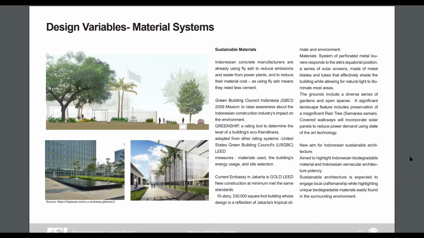So again, to reiterate, for example, having perforated metals as solar screens, but also understanding the new drive from the Indonesian government for more sustainable systems, including biodegradable material, vernacular architecture building methods, engaging in more local craftsmanship, and really taking into consideration more sustainable building methods when considering materials.